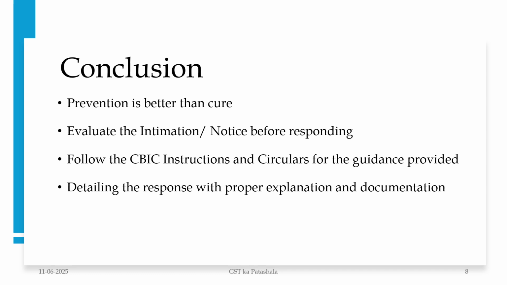Like one example, in GSTR1 there is a table called table 12A, 12B towards advances received, advances adjusted. Most of the time we come across notices issued without even reading the advances reported and advances adjusted. Blindly the proper officer compares GSTR1 and 3B and issues the notice. So make them aware, make them educated that boss, you have not read the information which was fed by me in my GSTR1.